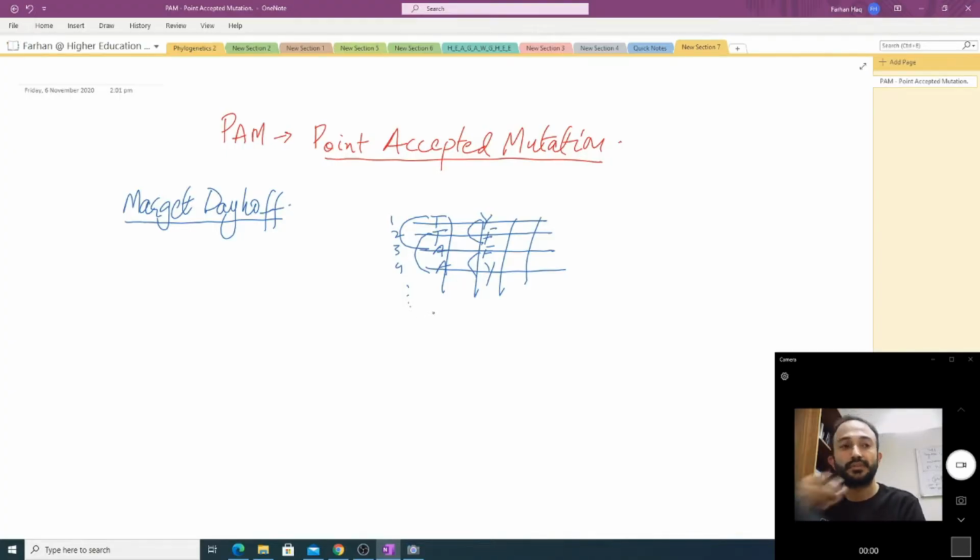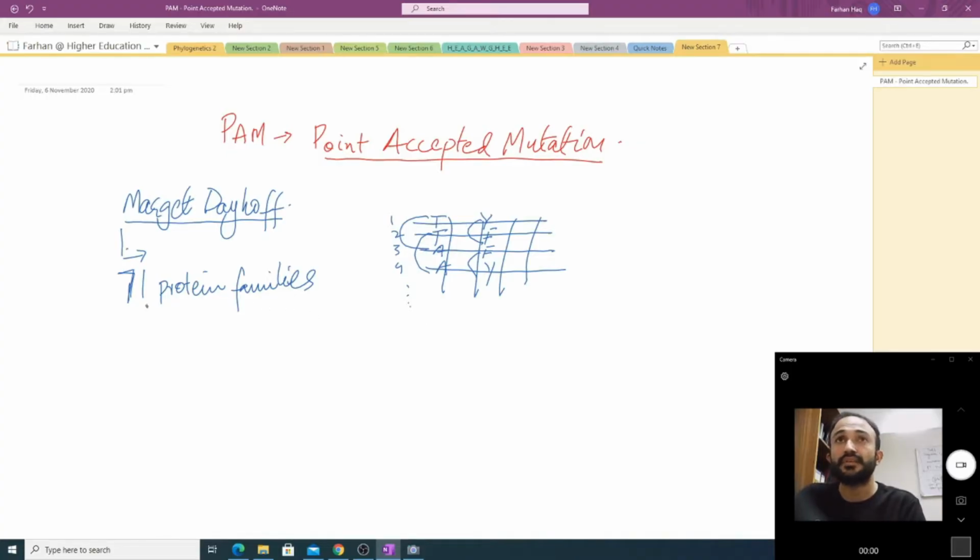So what were the available protein sequences at that time? To generate this point accepted mutation matrix, Margaret used 71 protein families. She aligned all these families and calculated the rate of mutation at each site.